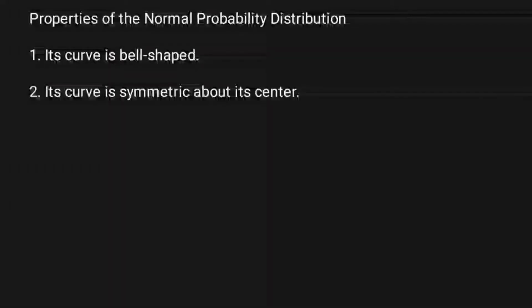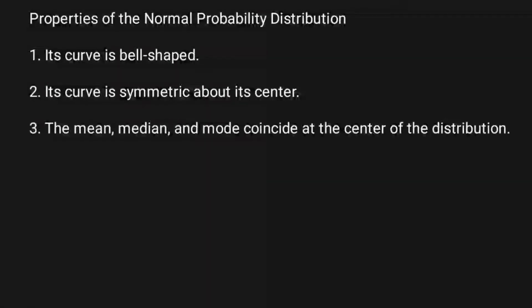So next, properties of the normal probability distribution. Okay, number 1, its curve is bell-shaped. So nakita naman natin yung mga graph kanina. Its curve is symmetric about its center. The mean, median, and mode coincide at the center of the distribution.